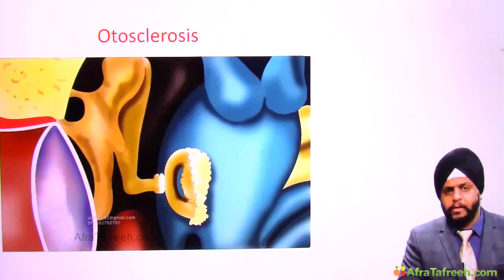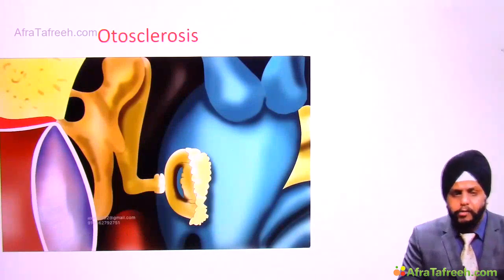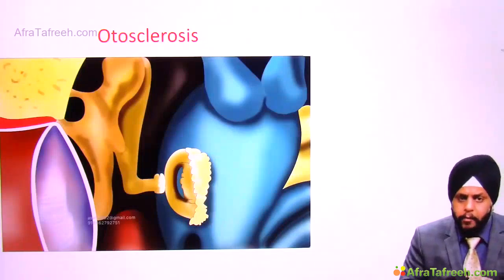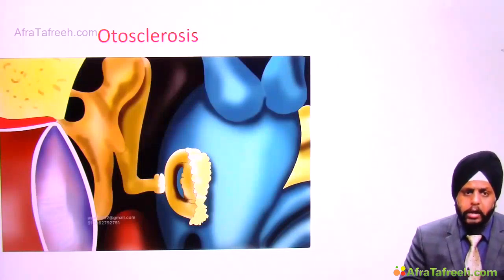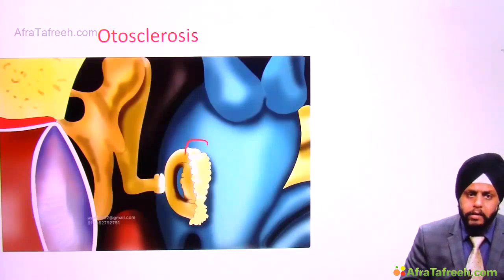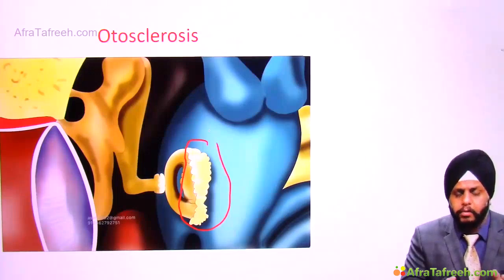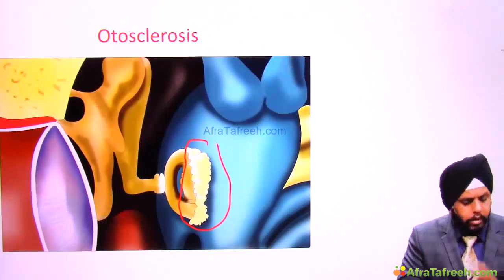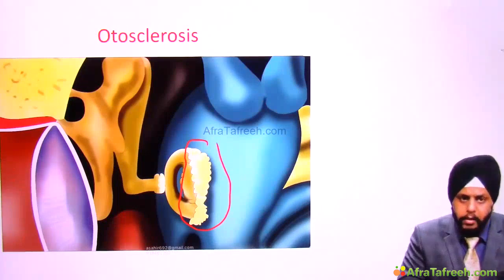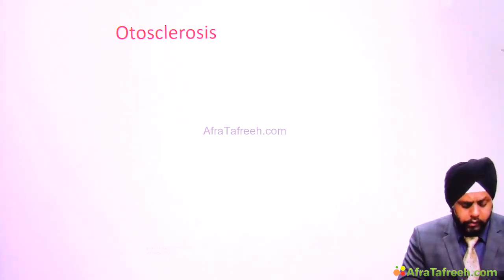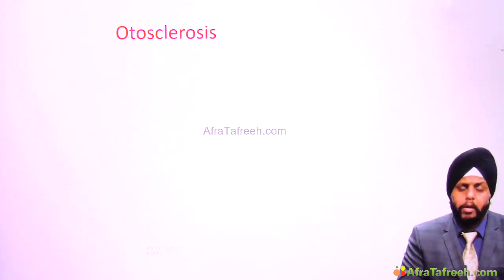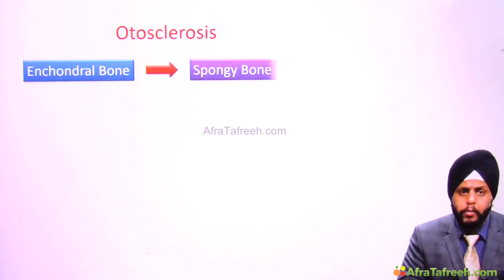We have discussed some bits in the previous topics, such as at the time of impedance audiometry, I said that the stapes foot plate is fixed in otosclerosis, right? As you can see in this diagram also, stapes foot plate is fixed. But why? In otosclerosis, the normally occurring enchondral bone in the inner ear.